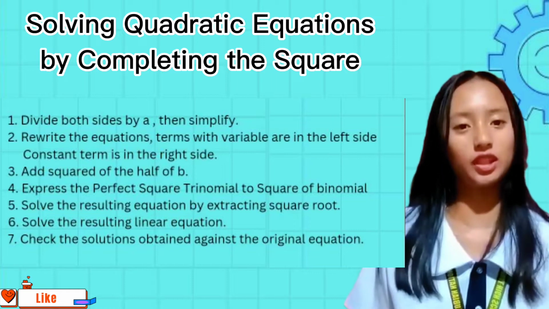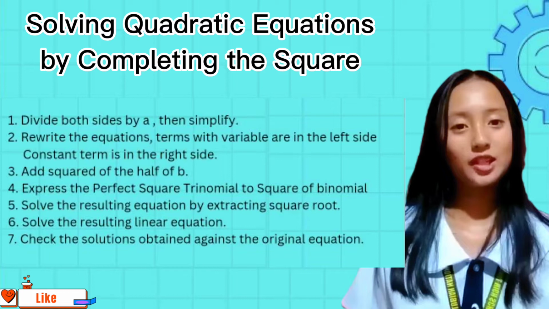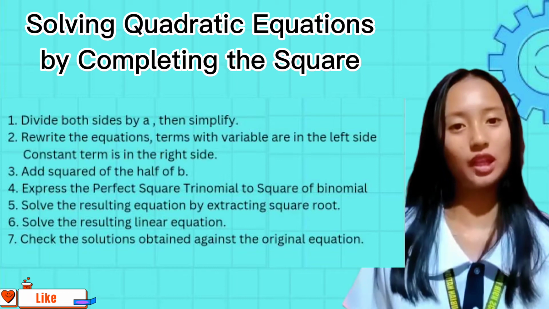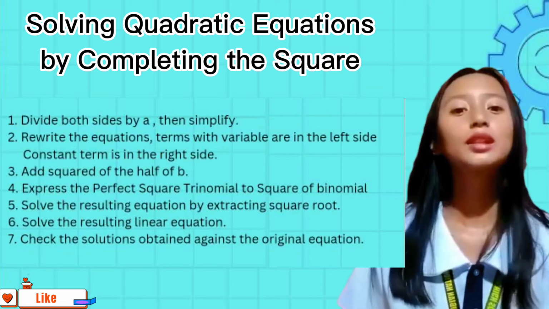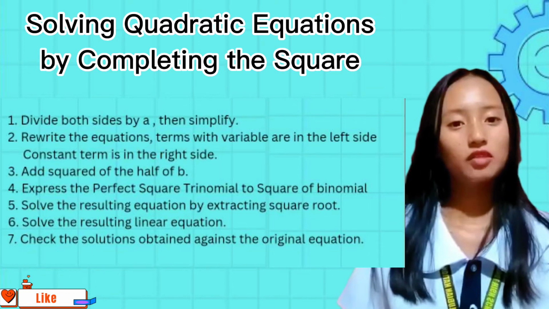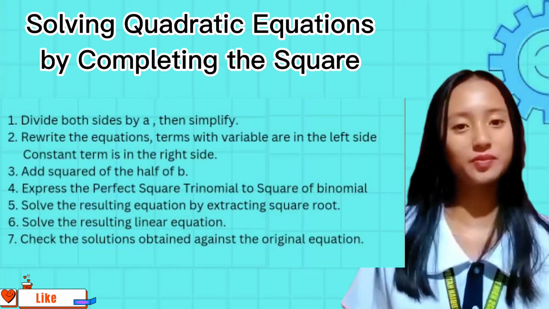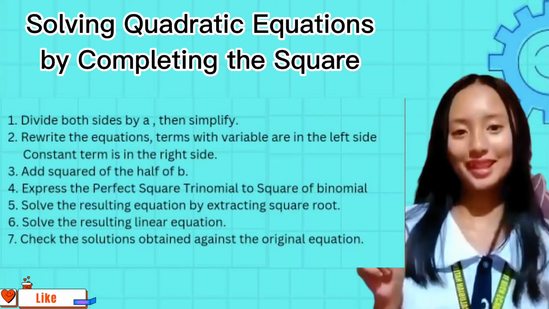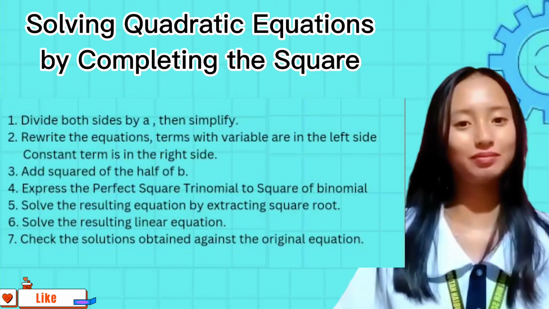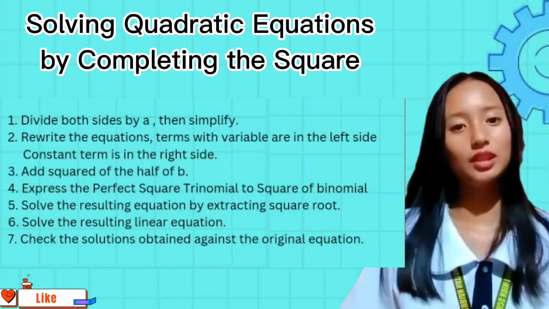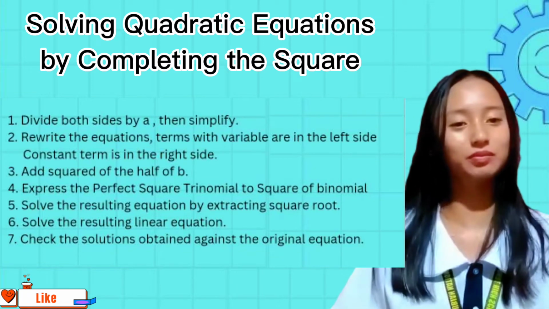Simplify the resulting equation. 4. Express the perfect square trinomial on the left side of the equation as a square of a binomial. 5. Solve the resulting quadratic equation by extracting square roots. 6. Solve the resulting linear equation. 7. Check the solutions obtained against the original equation.